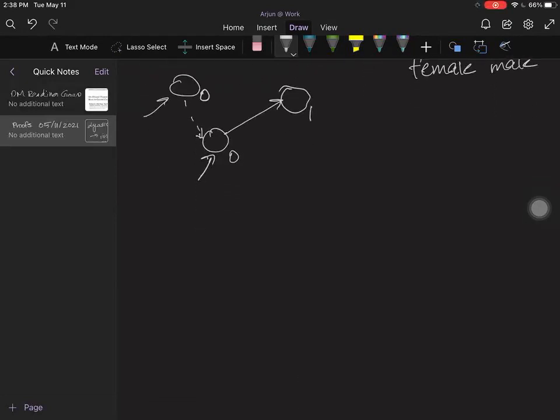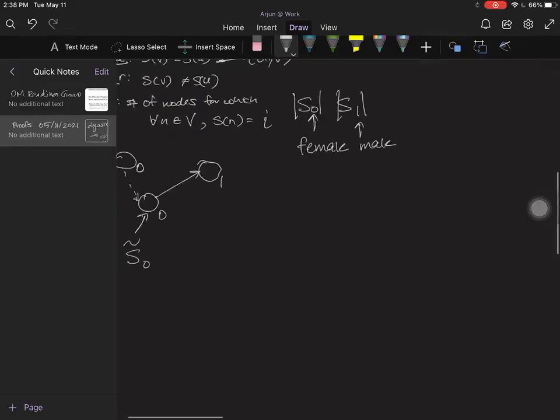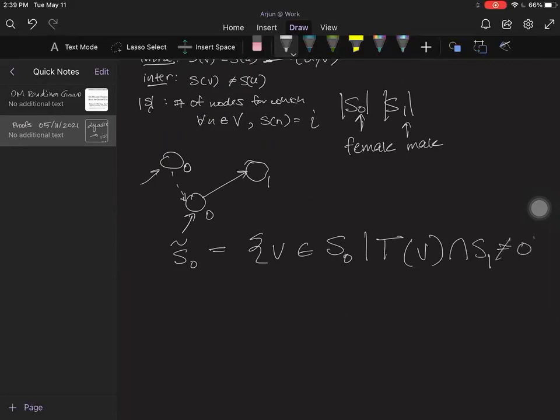Okay, so we're going to define one more set, which is going to be S0 tilde. S0 tilde is going to be the set of all vertices v in S0 such that the neighborhood of v within the intersection of S1 is not the empty set. And so what exactly does this mean?